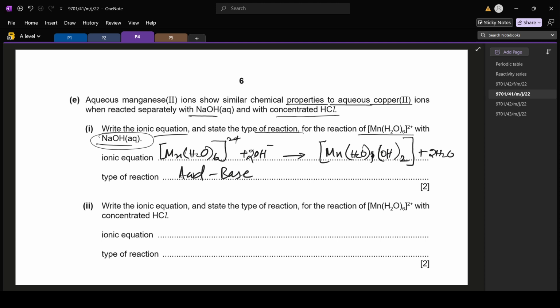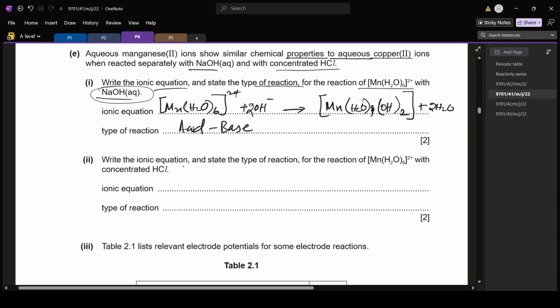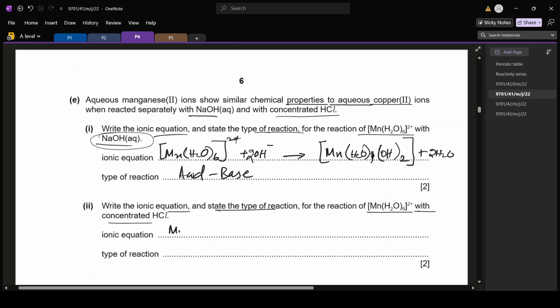Now moving towards the next part: write the ionic equation and state the type of reaction for the reaction of this complex of manganese with concentrated HCl.